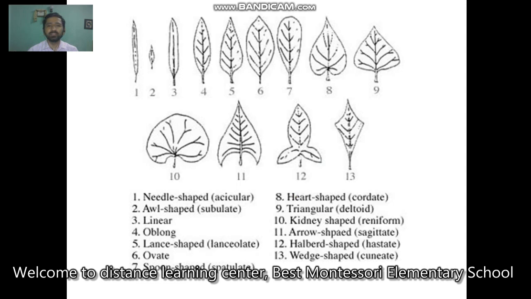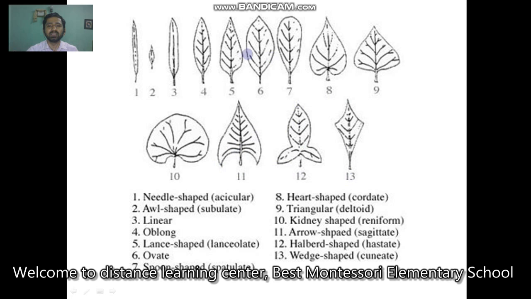Type of leaf, margins of leaf, and the next one is, now what are the shapes of leaf? There are so many shapes of leaf: needle shape, awl shape. You can see from 1 to 13. It is clearly shown in the figure, from 1 2 3 4 5 6 7 8 9 10 11 12 13.